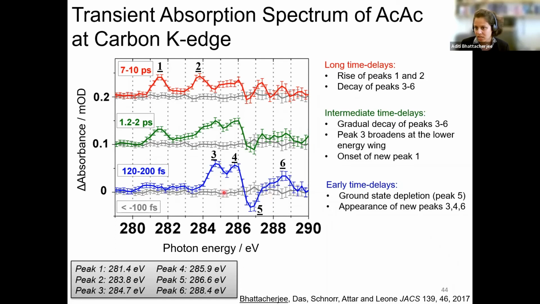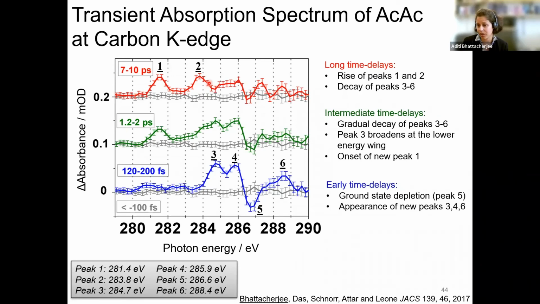What we see early on is depletion of the ground state peak, formation of this group of peaks 3, 4, and 6. As these peaks begin to decay, you can see there's a slight red shift and the appearance of a new feature. And finally, most prominently, we see these two peaks in the spectrum.